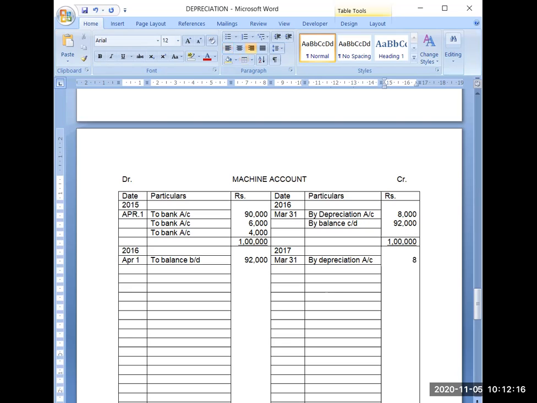And again I will charge the same depreciation because it is straight line method. Once I have calculated that its depreciation is 8,000, I don't need to calculate it again and again. It's calculated, it's a straight line method. So every year 8,000 will be charged as depreciation for this particular machinery.